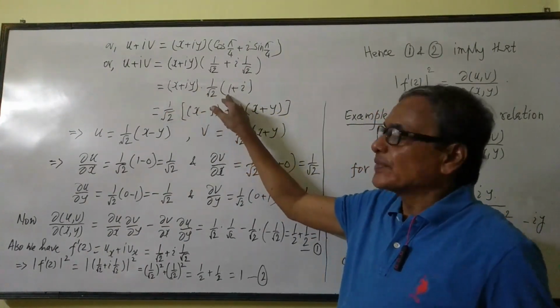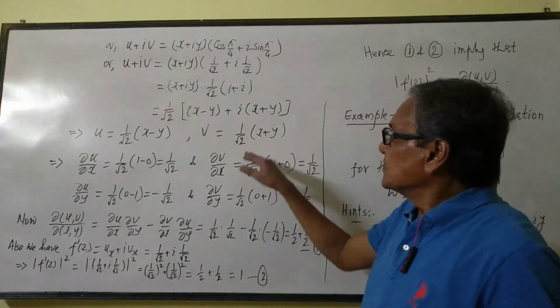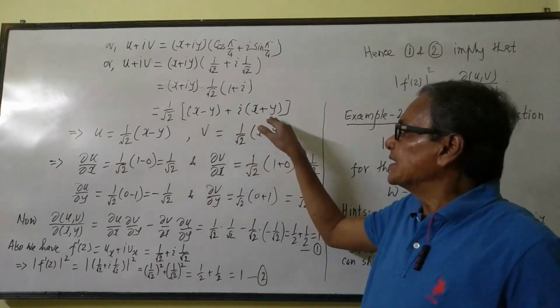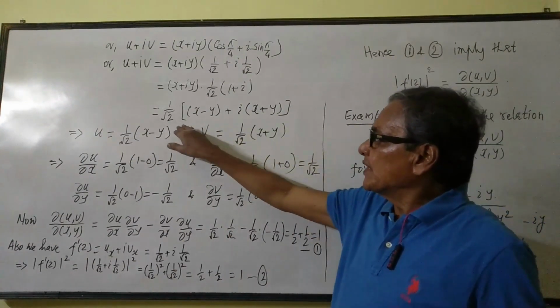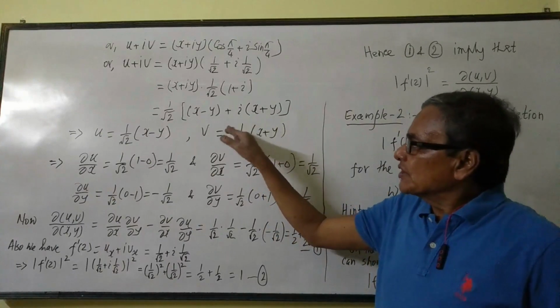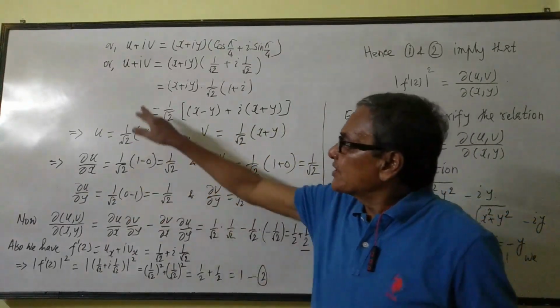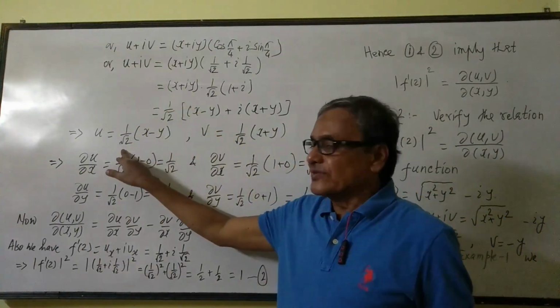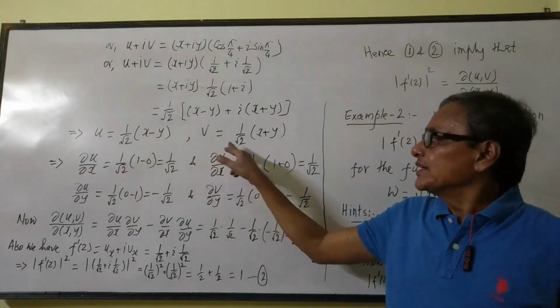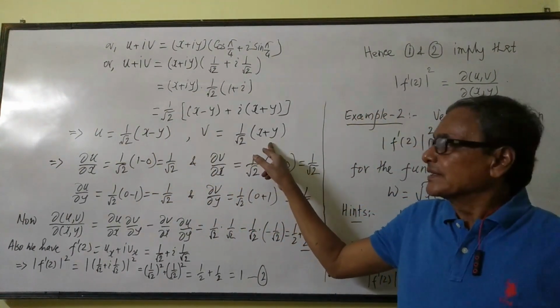So now in the form of real part and imaginary part, it is 1 by root 2 times x minus y plus i times x plus y. So equating real and imaginary parts, we shall get u equal to 1 by root 2 into x minus y, v equal to 1 by root 2 into x plus y.